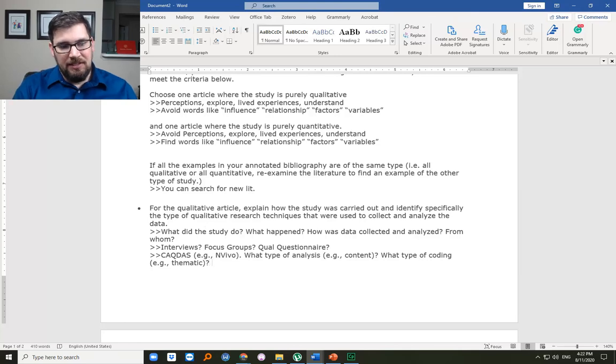They might mention Yin as an author who has a stage process. Whatever they mention, you want to identify that and show that you're starting to understand how qualitative research works.